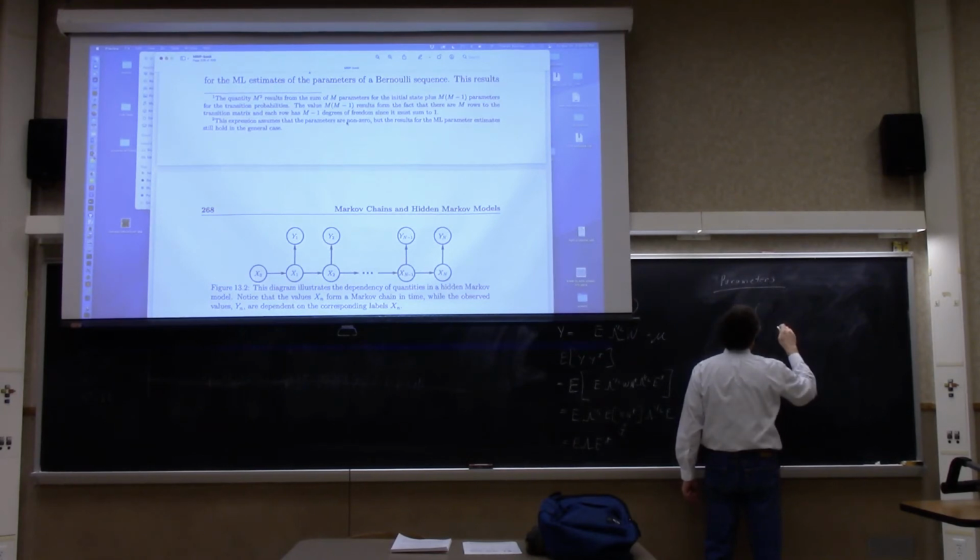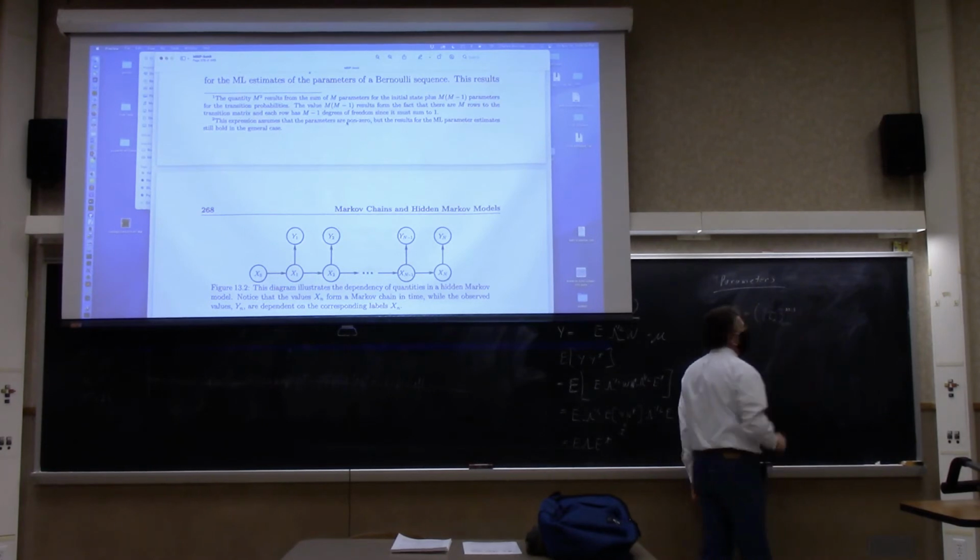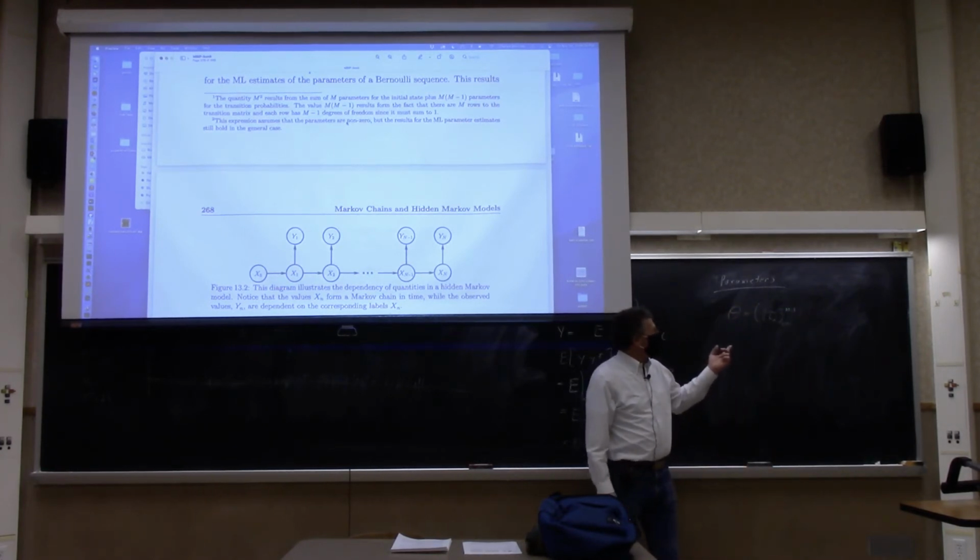We need to know tau I for I equals 1 to n minus 1. That's the probability of the first state, right?